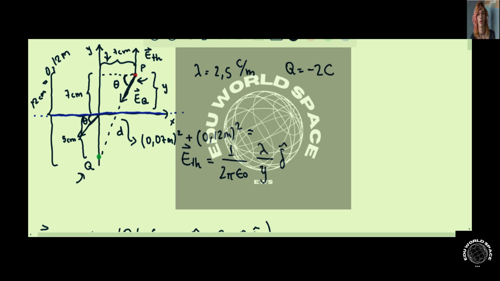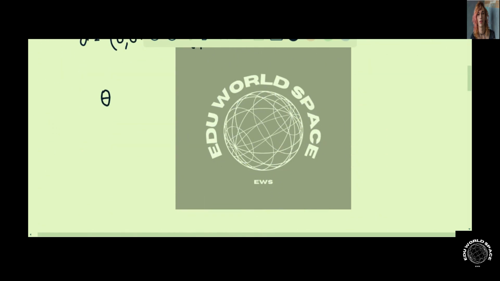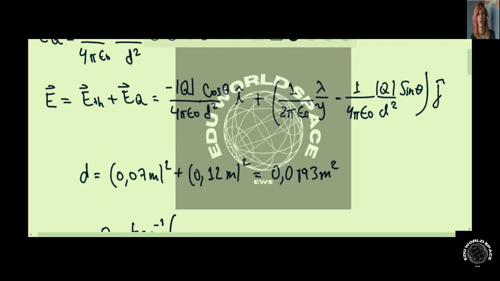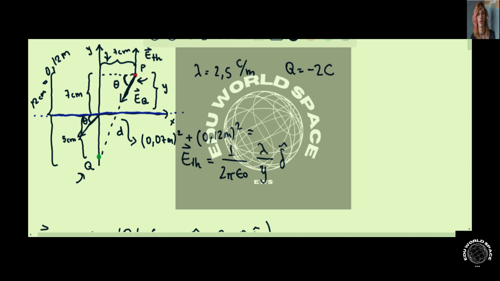The angle is given by the inverse tangent, of the vertical side of this triangle over the horizontal side of this angle.